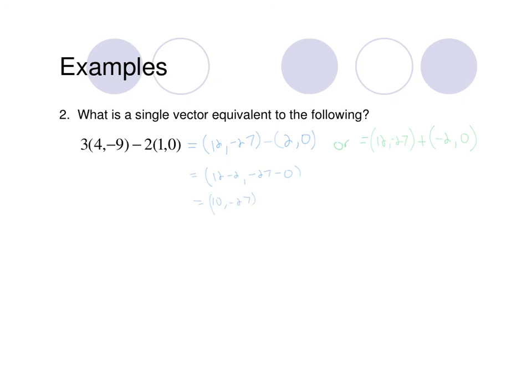And again, just to note, if we did it the other way, we get 12 plus negative 2, or 10, and negative 27 plus 0, pardon me, or negative 27. We get the same thing. So simplifying vectors in Cartesian form involving scalar multiplication and addition and subtraction, that's how it would look. And that's all because we have shown these things earlier in the lesson.